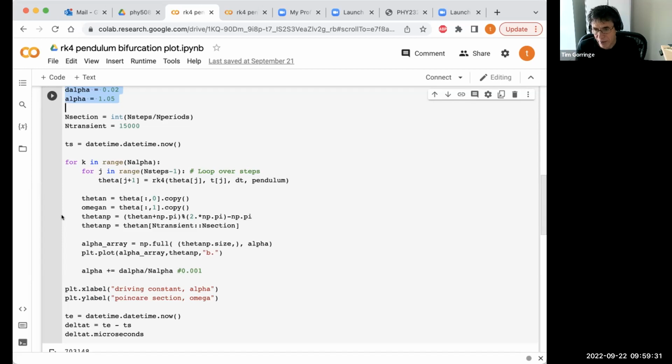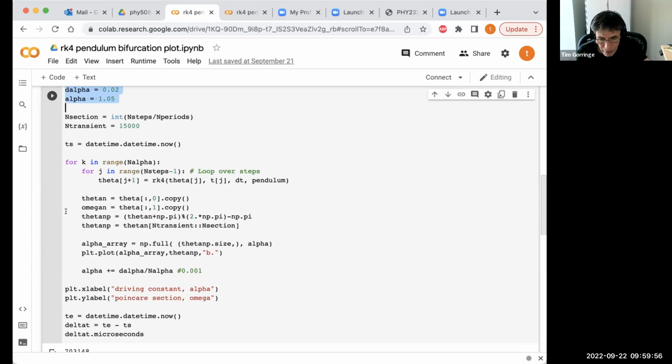That remainder I use to redefine theta in the range of minus pi to plus pi. For the bifurcation plots, I don't want to care that the pendulum has looped the loop, especially if it keeps looping the loop in the positive direction, which spreads out the bifurcation plot, or in the negative direction, which just stretches out the bifurcation plot. I just want to know theta's in the range between the far right and the far left-hand swing of the pendulum.